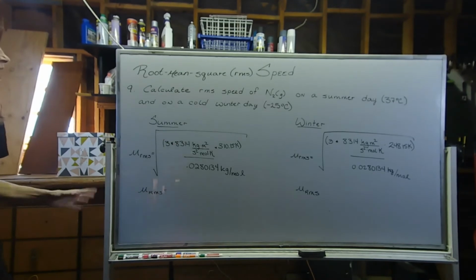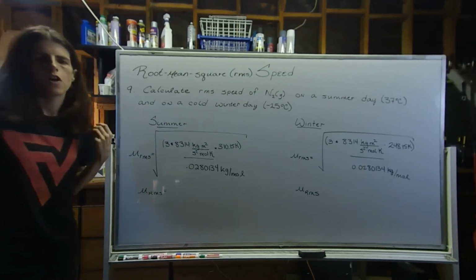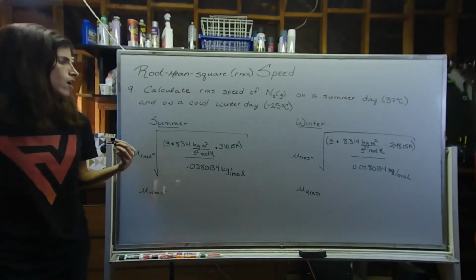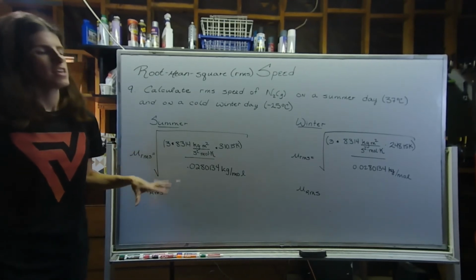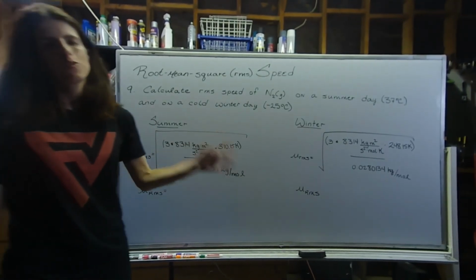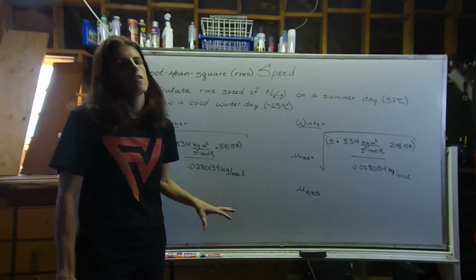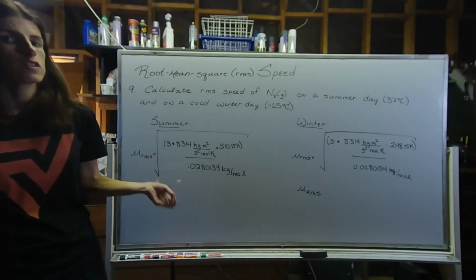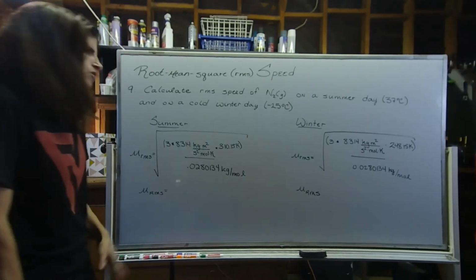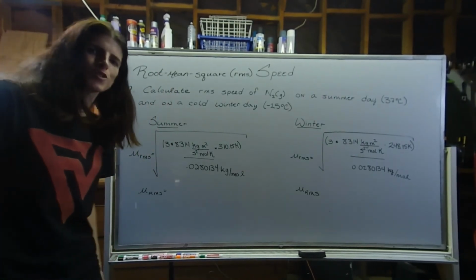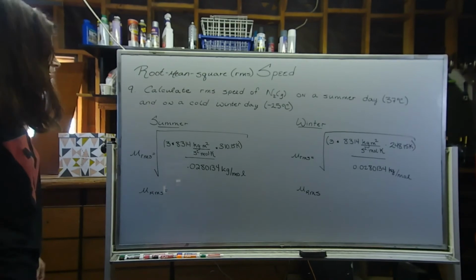On this last problem, we're asked to compare the RMS speeds of nitrogen gas in the summer and in the winter. Very interesting, very applicable to day-to-day life. The majority of our atmosphere does consist of nitrogen gas. Just think about all those gas molecules that you can't see and what they're doing.